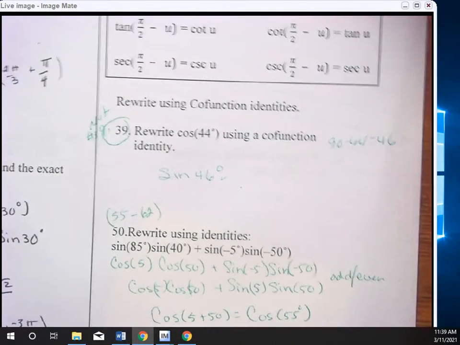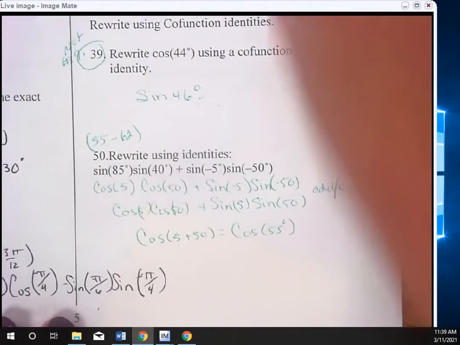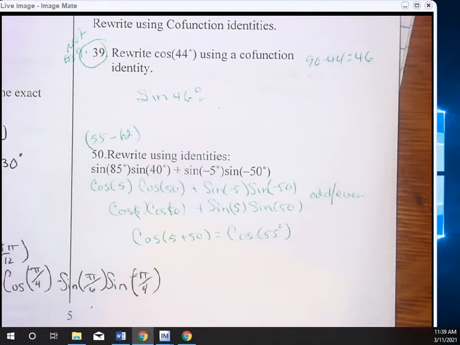Now, how do you utilize everything that you just learned to rewrite with your identities? Well, you have sine 85, sine 40, sine -5, sine -50. Your identities that you had at the beginning were cosine, cosine, sine, sine.